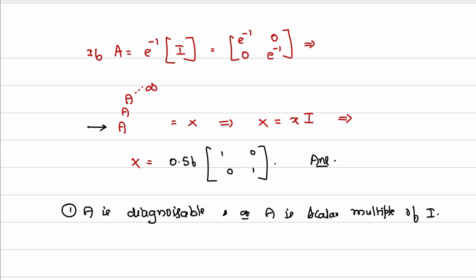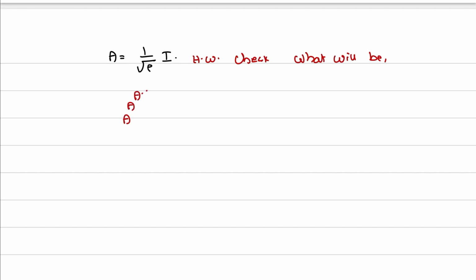You can take A is equal to, for example, you can even go for this. A is equal to 1 by square root of e into I, and take it as homework and check what will be A to the power of A to the power of A up to infinity, equal to how much?